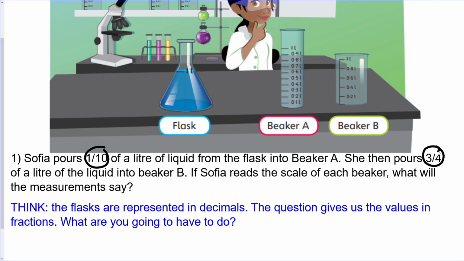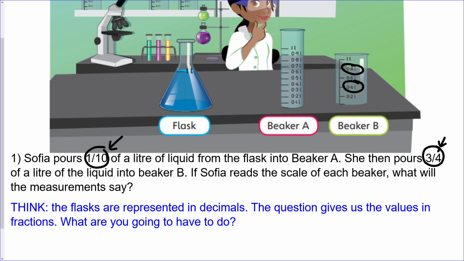And I've put a little think here. Think, the scale of the flasks are represented in decimals. The information in the question gives us fractions.